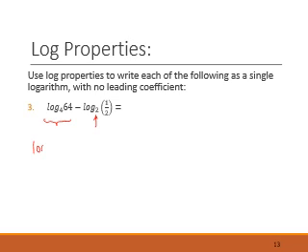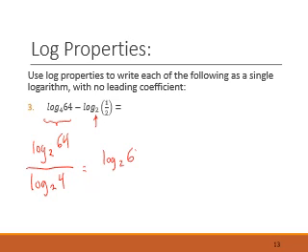Well, that would be log base 2 of 64 divided by log base 2 of 4. Now, what is the log base 2 of 4? This is saying 2 to what power is 4? Well, I hope you realize that that is 2. So log base 2 of 64 over 2.